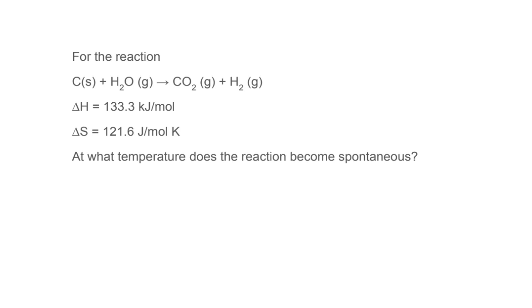So I don't think you're going to get the equation, T equals delta H over delta S. Do you get that or no? Do you remember? No. Okay, so be able to manipulate that one.